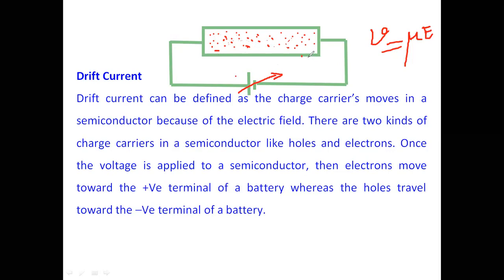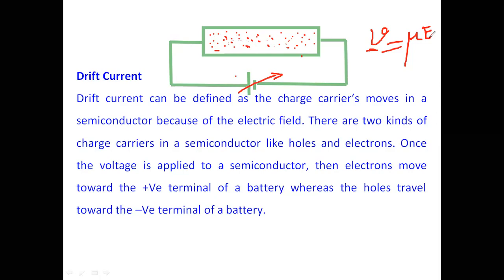Due to this electric field, the electrons will move with a velocity called drift velocity, v equal to mu into E, where v is the velocity of charge carriers, mu is the mobility of charge carriers and E is the electric field.